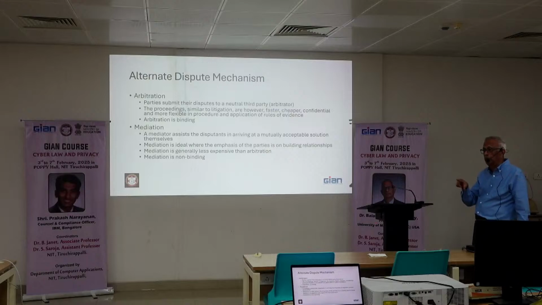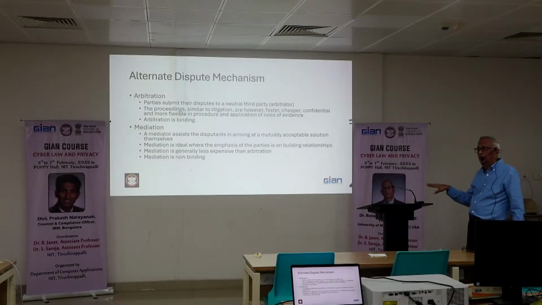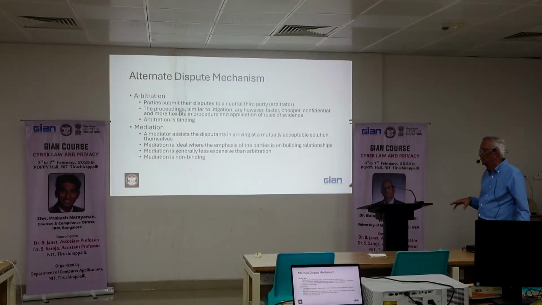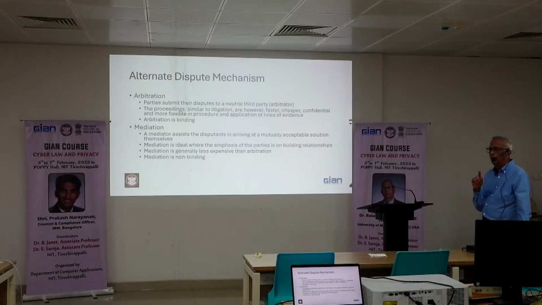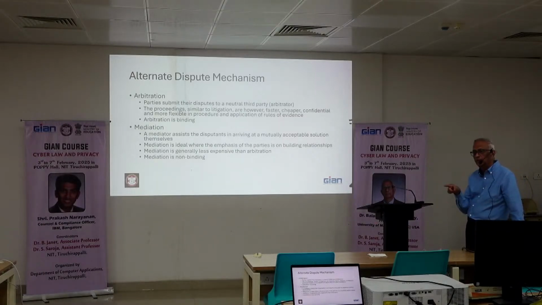By the way, there's no punishment, just compensation. It's not criminal, it's still civil. There is no penalty. They simply try to resolve it as best they can. Usually arbitrators are themselves lawyers, or more like judges, and the arbitration is binding. If you go through it, you have to accept it.